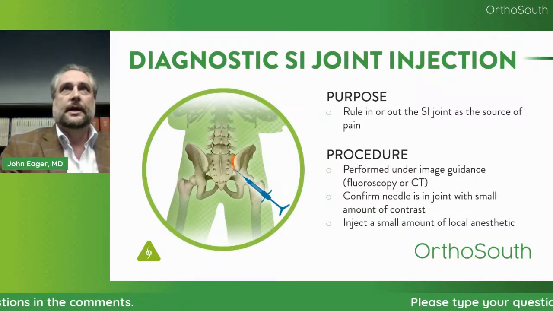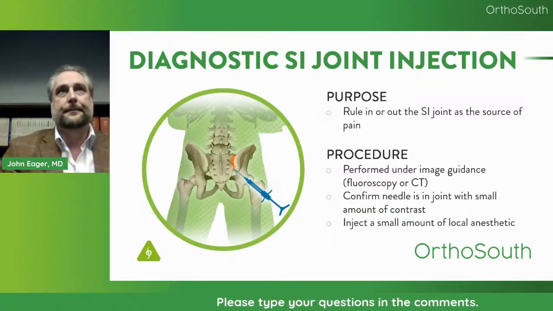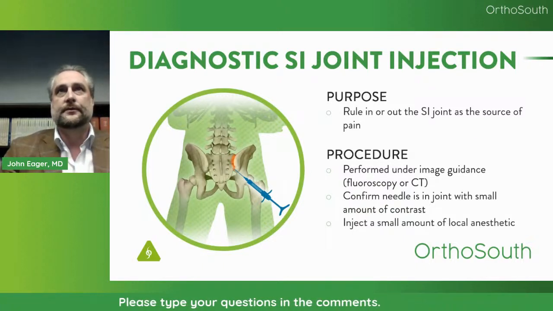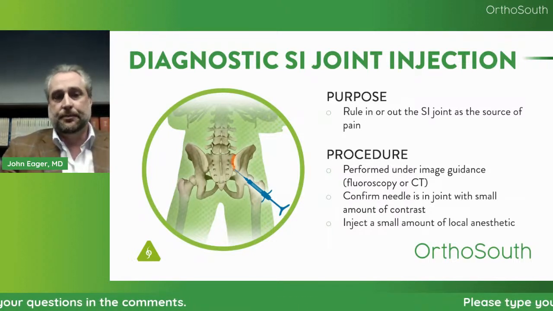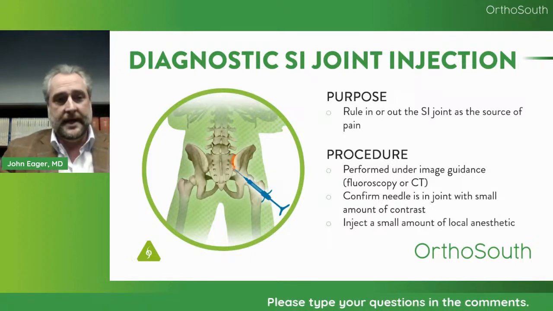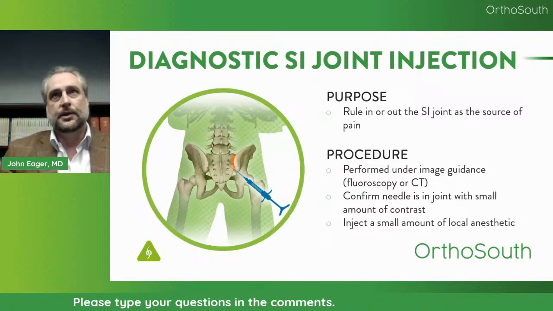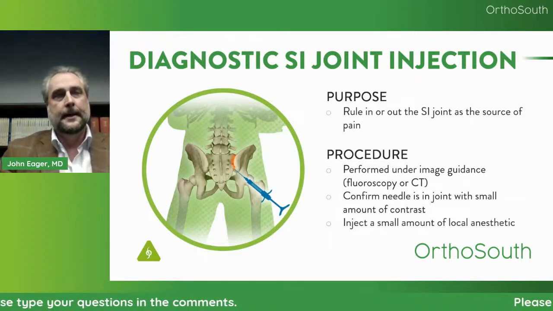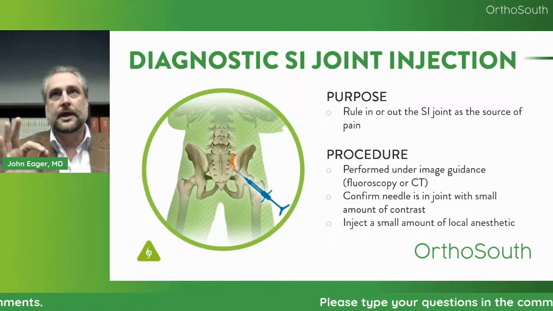SI joint injection, again, we're ruling in or out the SI joint as the source of pain. I send my patients to physiatry. I do not perform injections myself, but it is a procedure that's performed under imaging guidance. Due to the anatomy of this joint, it's irregular and in a difficult location, so you want appropriate imaging to establish your position and make sure that you are within the sacroiliac joint.